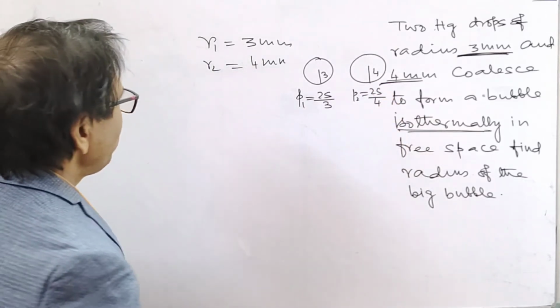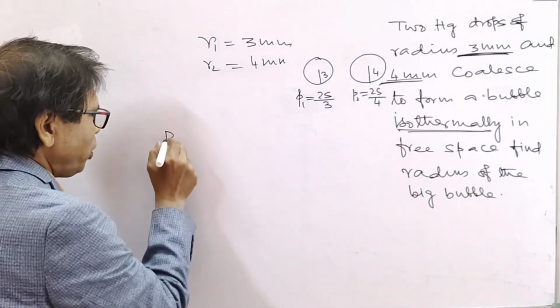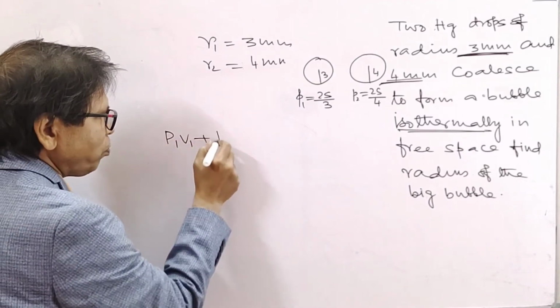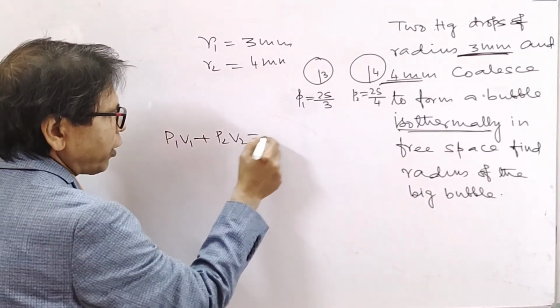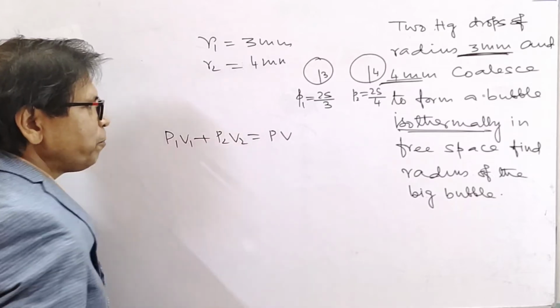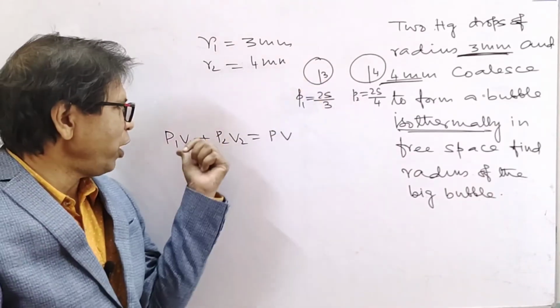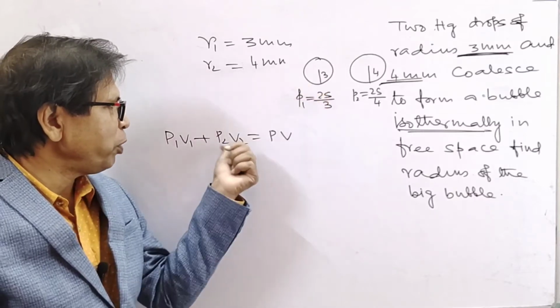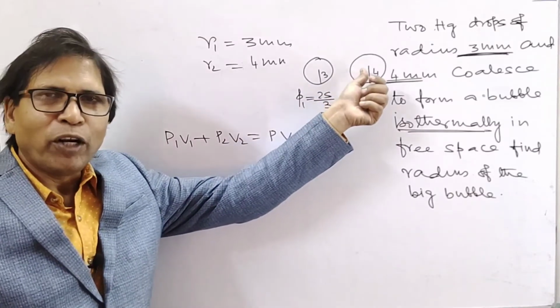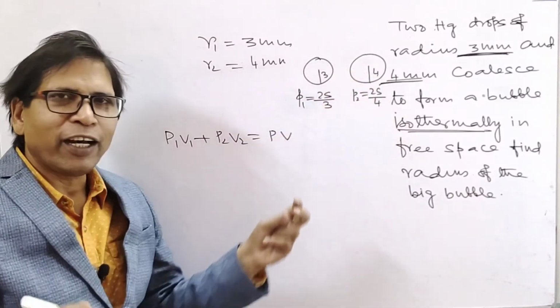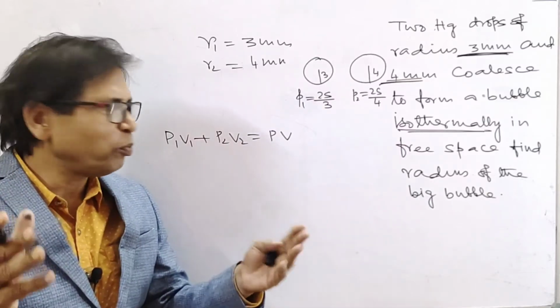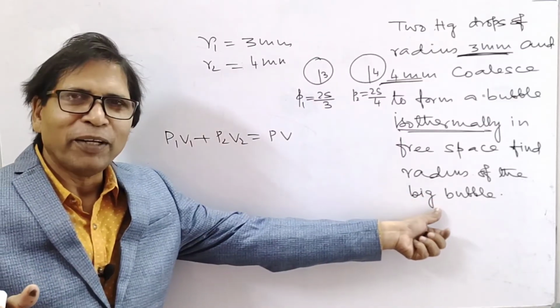Now look at this, P1 V1 plus P2 V2 equals P into V, where P1 is the excess pressure of the first bubble, V1 is its volume, P2 V2 is the pressure and volume of the second bubble, and PV is the pressure and volume of the bigger bubble.